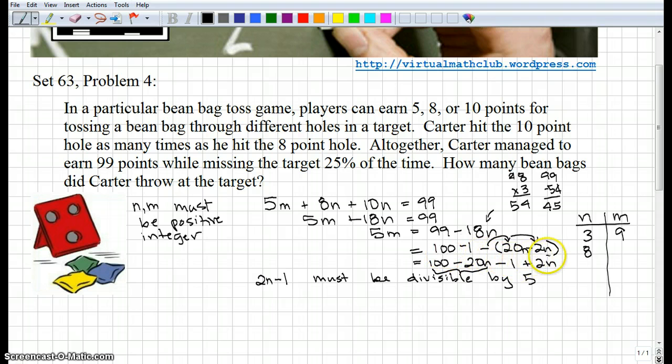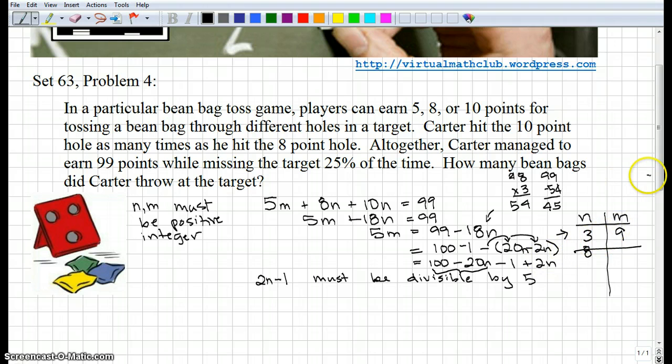And if we do that, you can see if I take 18 times 8, I'm going to get something that's over 99. That's going to be a lot more than 99. So that would give me a negative value over here on the right hand side, which would mean that m would have to be negative, and I can't have that. So anything bigger than 3 is not going to work. 8 doesn't work. So really, hey, look at that. We have one that works.